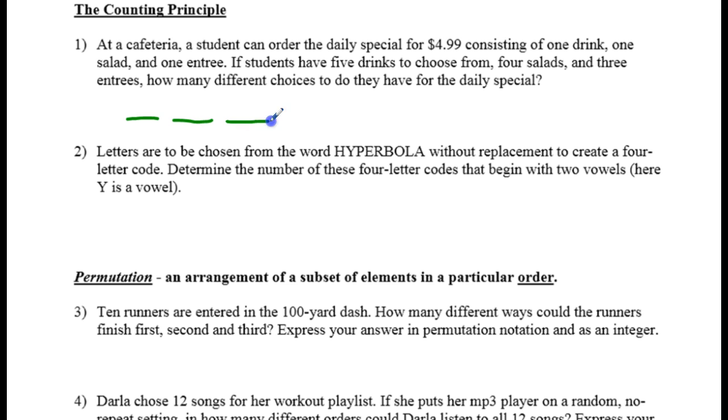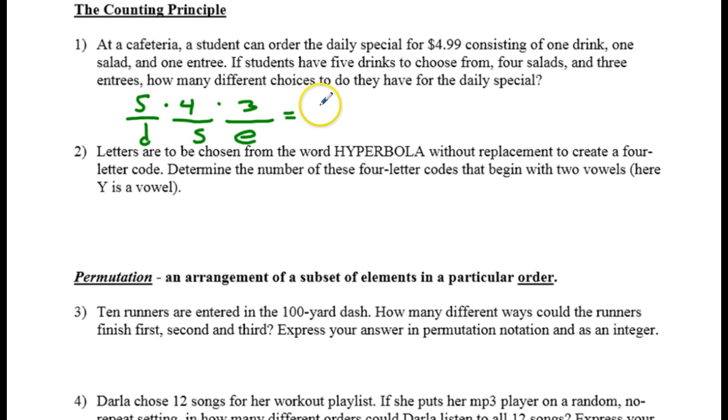So there's 3 different decisions a person has to make: a dinner, a salad, and an entree.